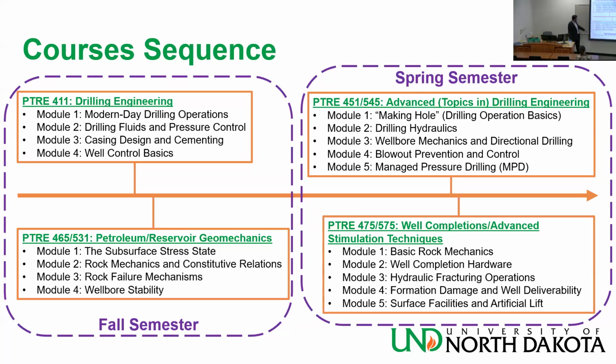We set the 4 modules for this class. And yeah, the spring classes, it's a longer semester in the spring, and they are longer but easier, I think. They have 5 modules for the spring, but for the fall, we only have 4 modules.